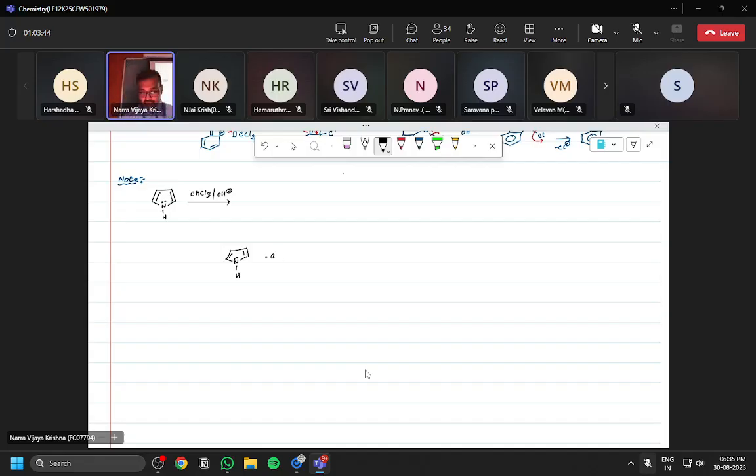So carbene will approach. Now nitrogen will donate the lone pair. This will shift here. So the product will be, correct or not? You are getting a negative charge here. So carbene will go to that position. Finally, this converts into aldehyde.